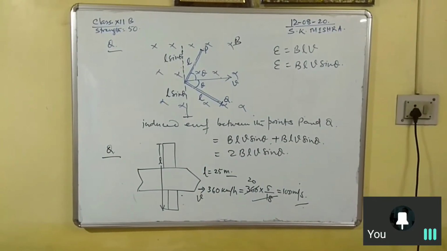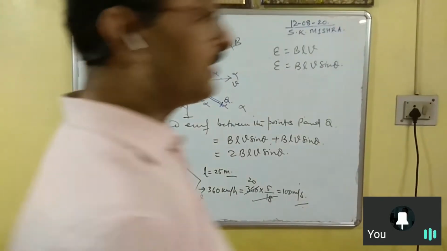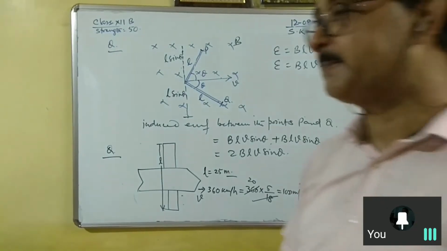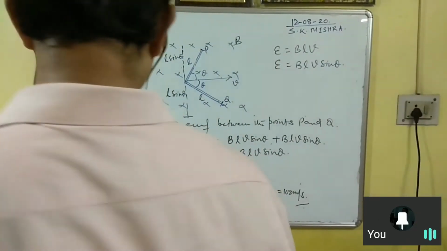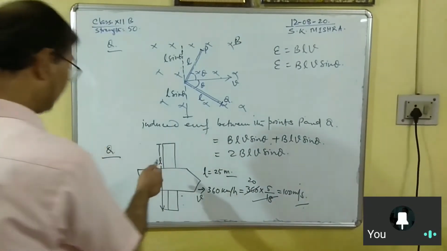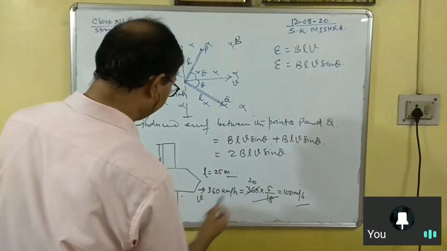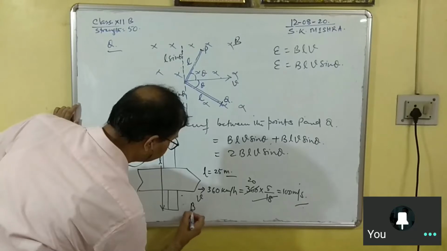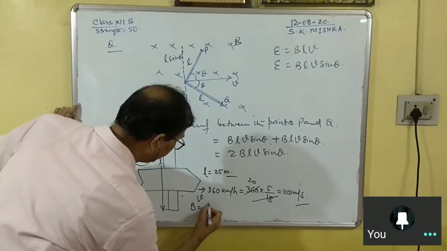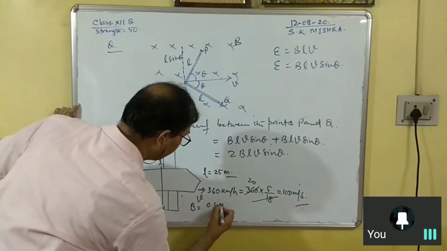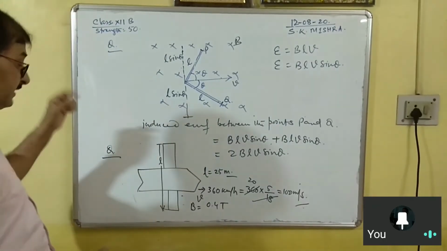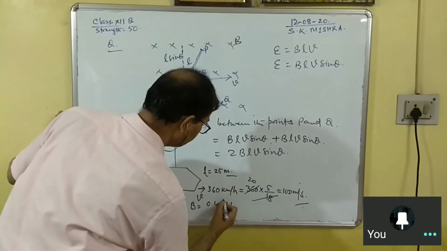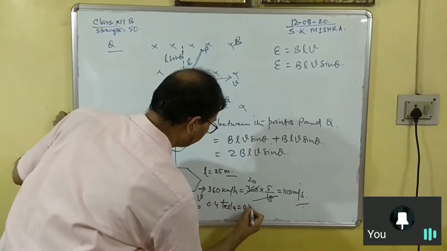Magnetic field: the horizontal component of Earth's magnetic field, BH. BH may not be given to you. Magnetic field at some place from where the aeroplane is flying. Now magnetic field B is given to you. This B is, suppose, 0.4 Tesla.